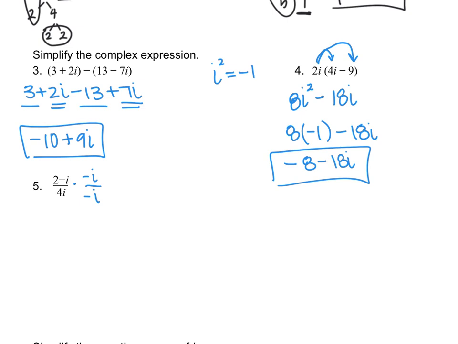So distributing in our numerator, we get negative 2i plus i squared all over negative 4i squared. And we know that i squared equals negative 1, so our numerator becomes negative 2i minus 1. And our denominator is going to become 4, because we'll do negative 4 times negative 1, which then becomes positive 4.